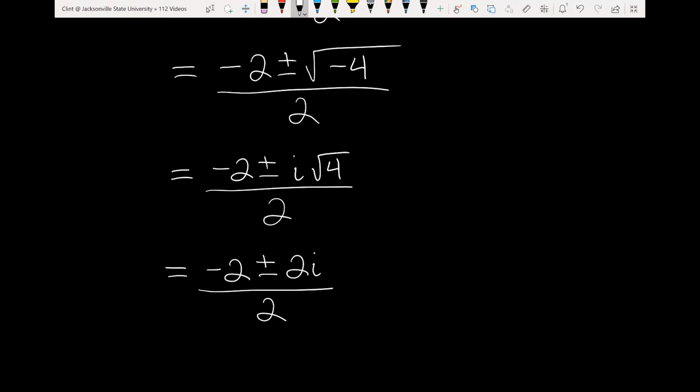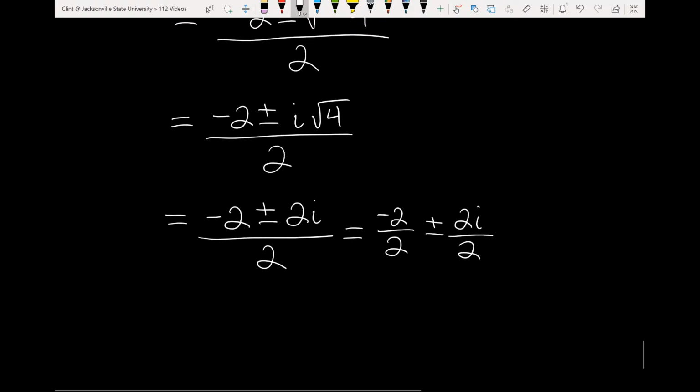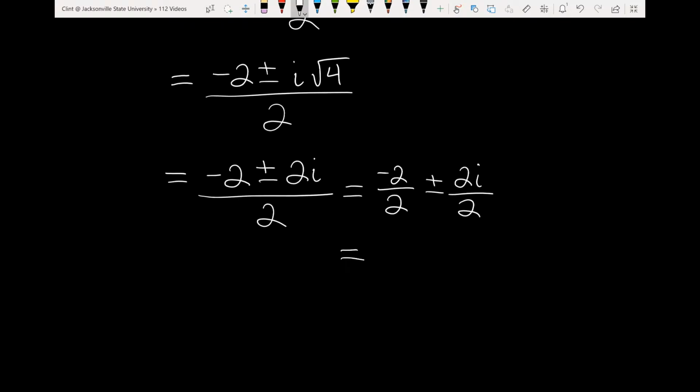And if this was the case, it would say put it in a plus bi form, so we would have to split it up into fractions. Negative 2 over 2 plus or minus 2i over 2. Negative 2 over 2 is negative 1, and 2i over 2 is just i. So two complex solutions: negative 1 plus i, negative 1 minus i.